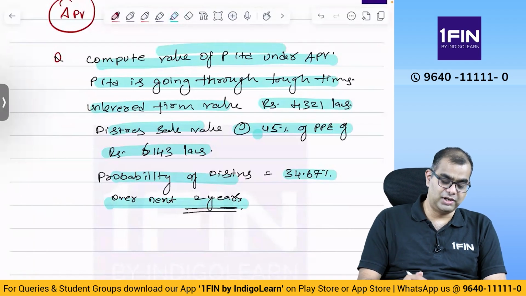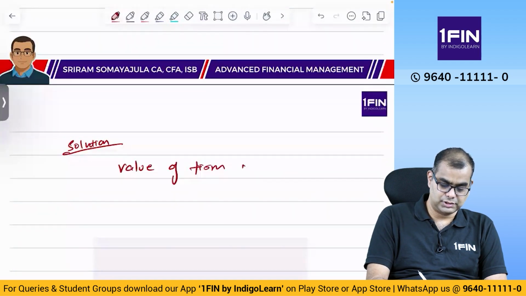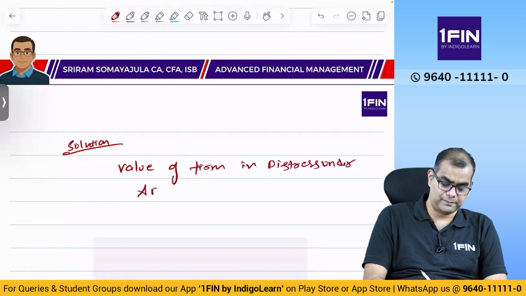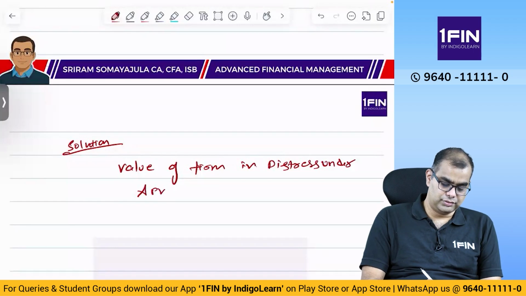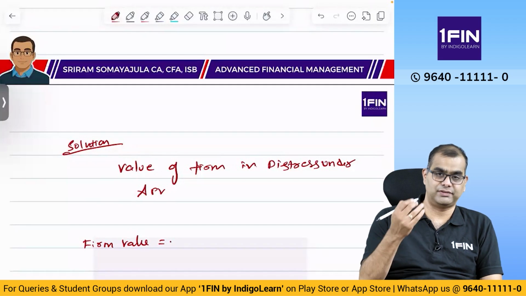You are required to compute the value of P under APV. Now, what is the formula for APV? Value of firm in distress under APV. It has two parts: firm value equals, and in our case there is no debt. They have not given any debt details. If there is a debt element, we will see that later.